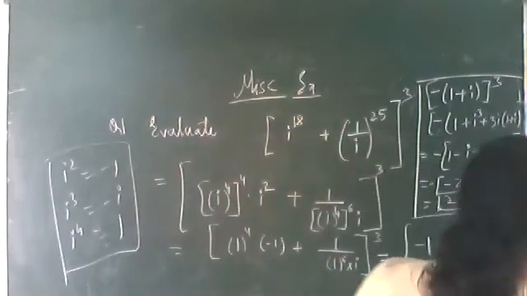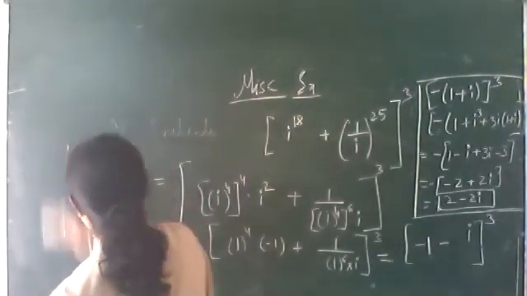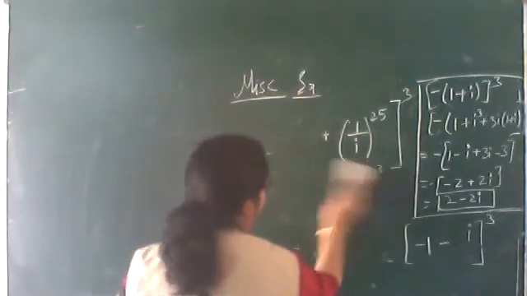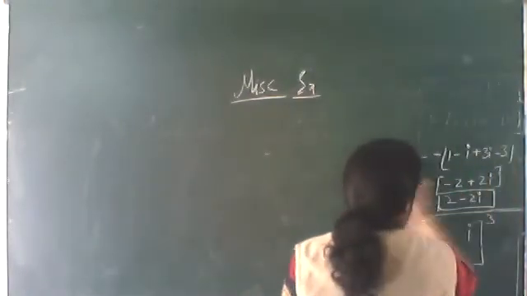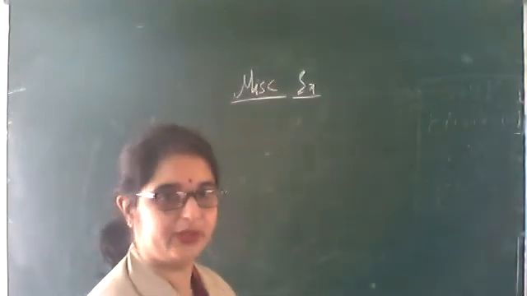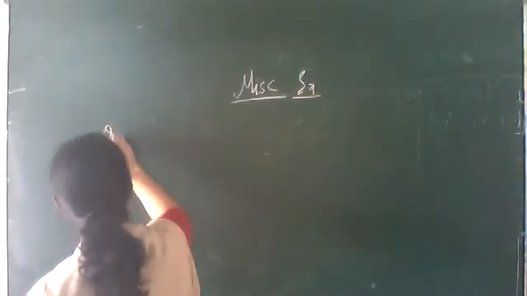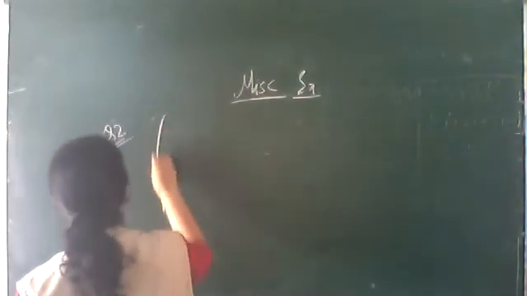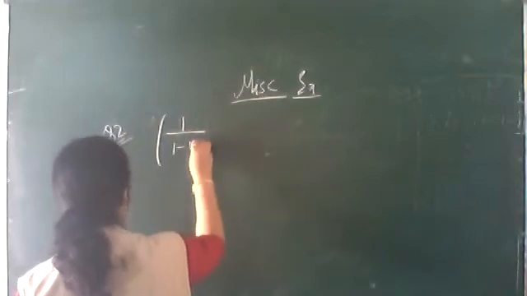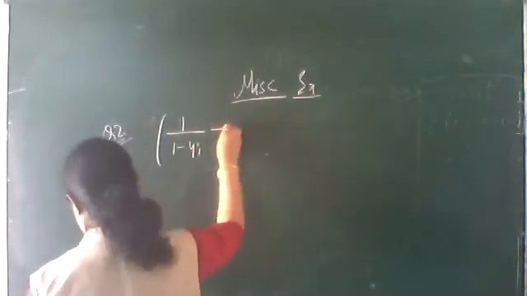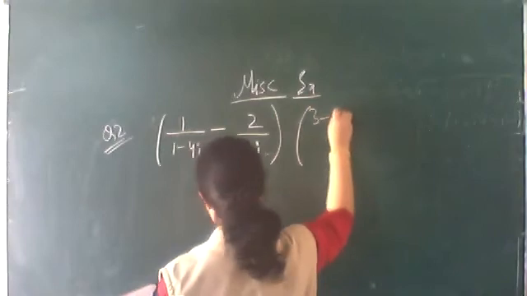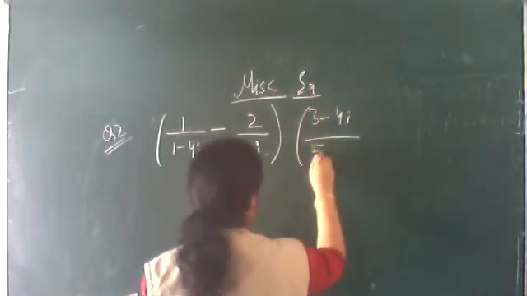Question number 2. It is 1 upon 1 minus 4 iota, sorry, minus 2 upon 1 plus iota bracket, and then again 3 minus 4 iota upon 5 plus iota.